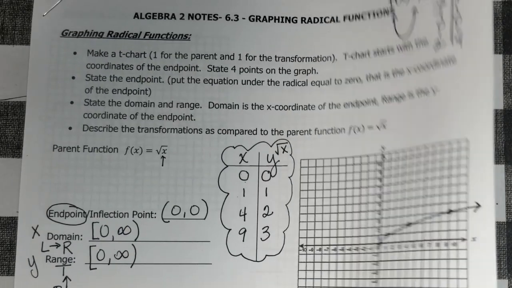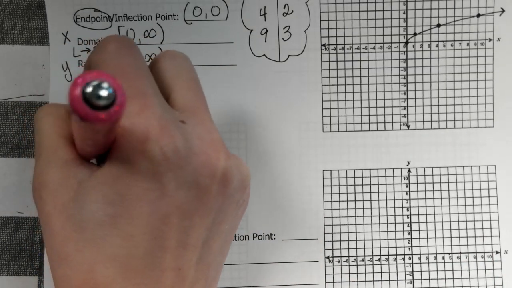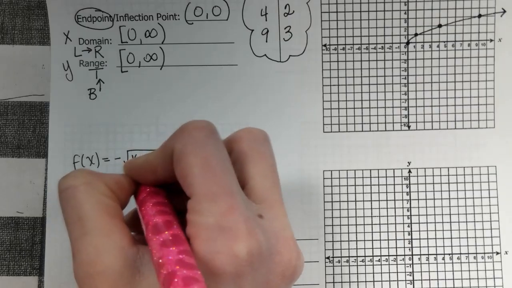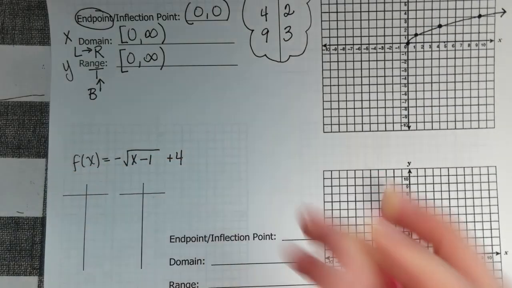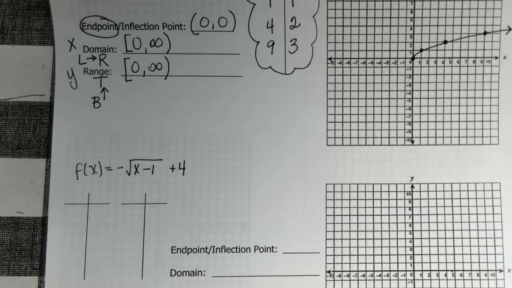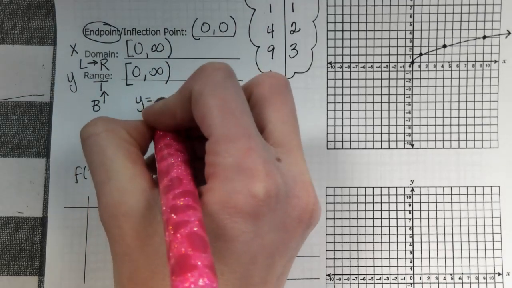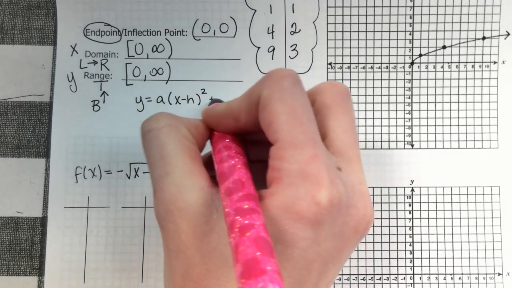Okay, so if we look at f of x equals negative square root of x minus 1, and then outside of the radical, you have a plus 4. Okay, so I want to refresh your memory. When we did square root, we had y equals a parentheses x minus h squared plus k.